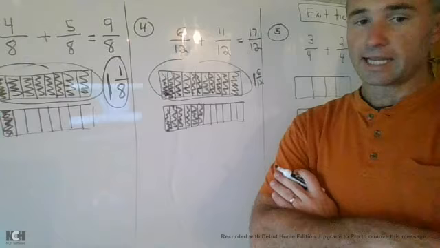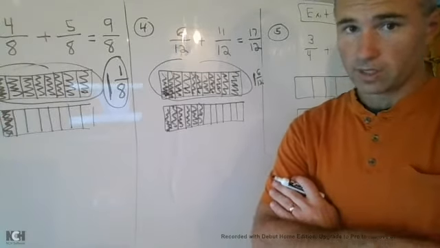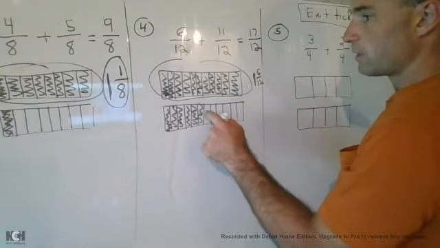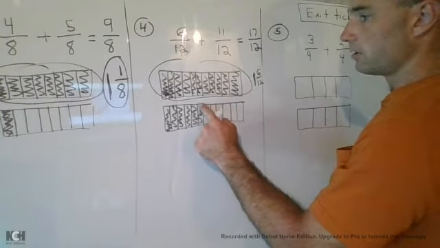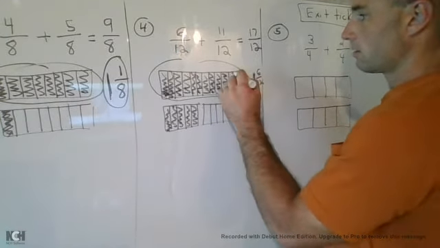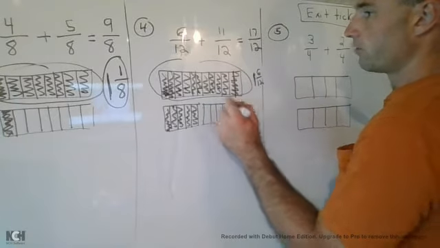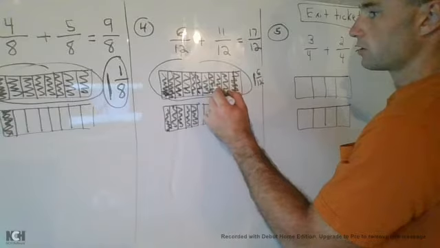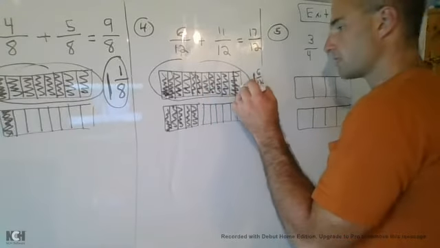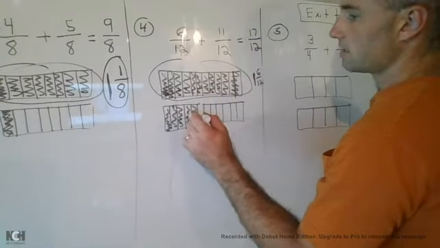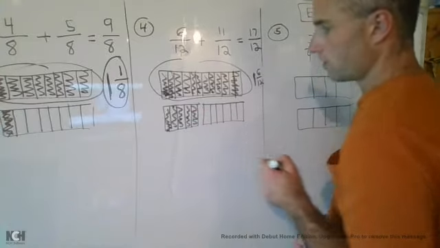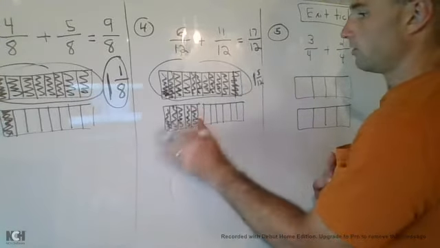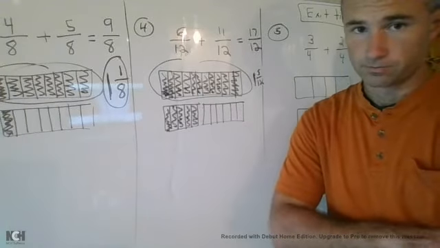But little did I know, I accidentally only had 11 here, which caused me to shade in 1 extra box down here. If I make 12, now I have 1, 2, 3, 4, 5, 6, 7, 8, 9, 10, 11, which really gives me the answer of a 5 down here, not 6.